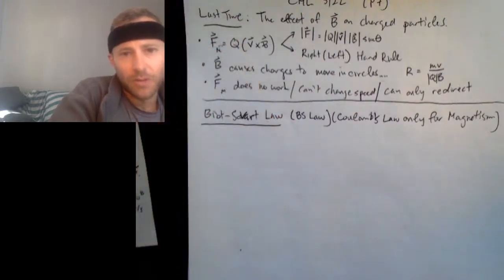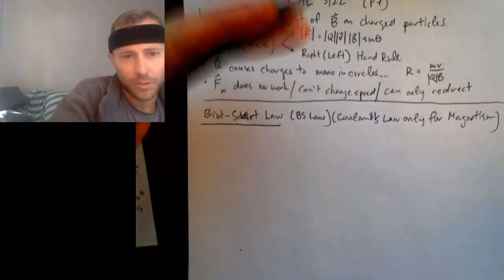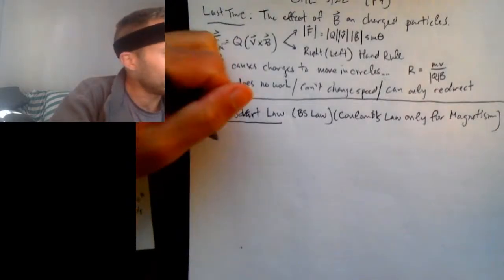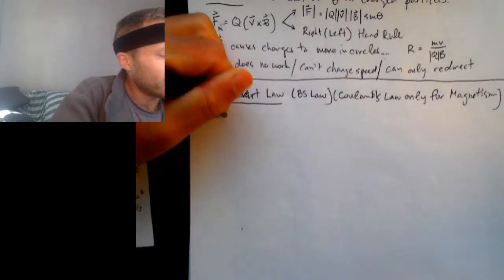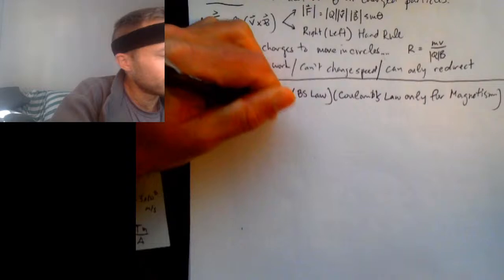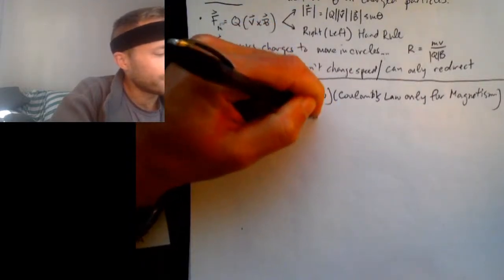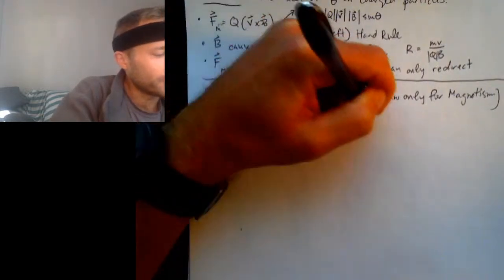The Biot-Savart law is how to get the magnetic field from some charges. So what causes magnetism? Well, it turns out that electric current, I, is the source of magnetism.